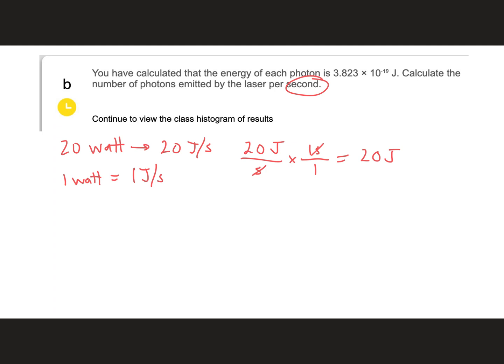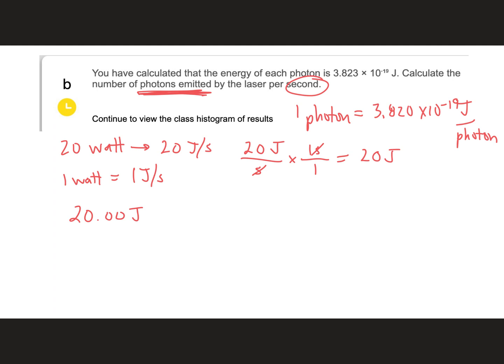I want to find the number of photons. If I have 20 joules of energy, and from the previous question we found that 1 photon of light equals 3.820 times 10 to the minus 19 joules per photon, how many total photons would I need?